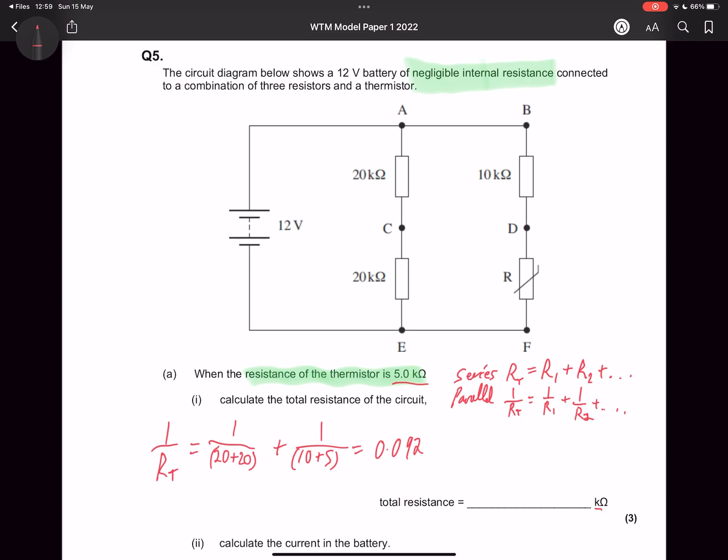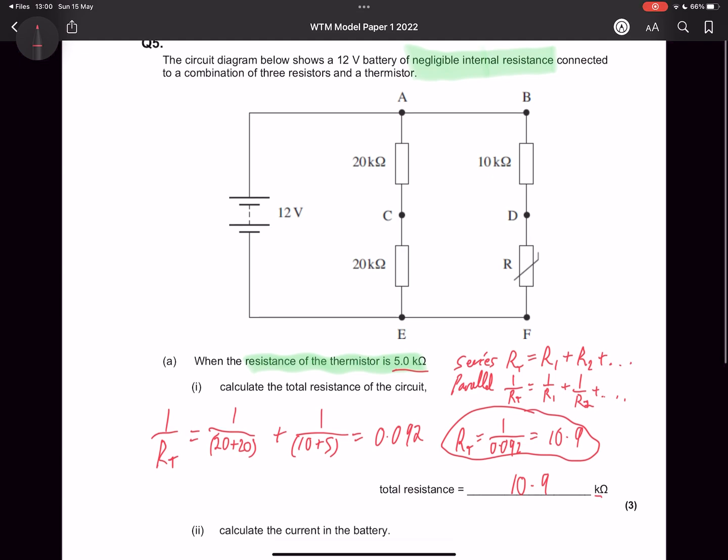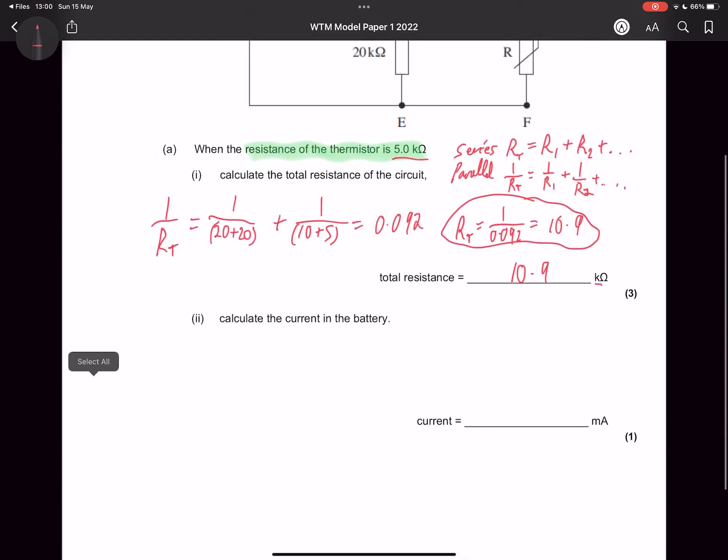At this point we get 0.092, of which we need to flip our answer, 1 over 0.092, find the reciprocal, and you will get our answer, 10.9 kiloohms. Always double check if the unit is odd, if there's any additional factors, any prefixes. Double check, and it may save you work throughout the process.